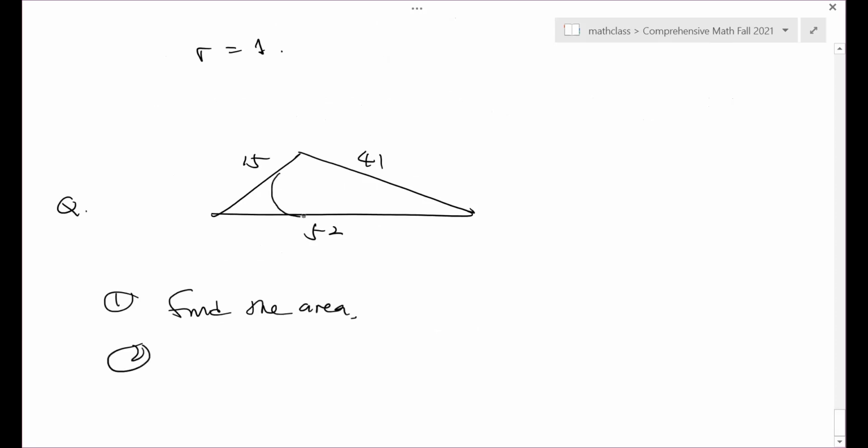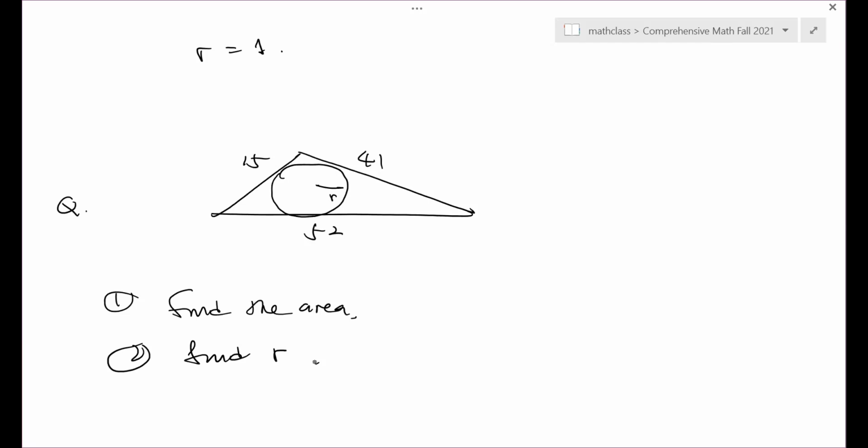Second, if I put a ball inside, find the radius of the sphere. This is a pretty general triangle.